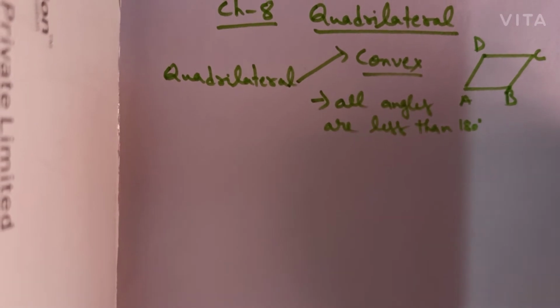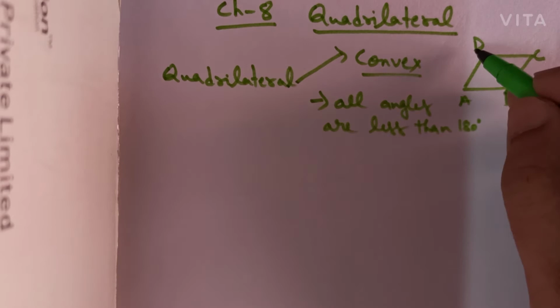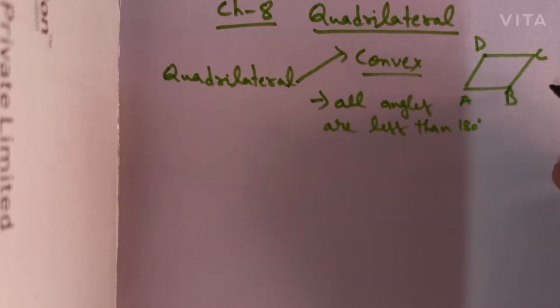Keep this in mind. You can name it quadrilateral ABCD or quadrilateral ADCB.